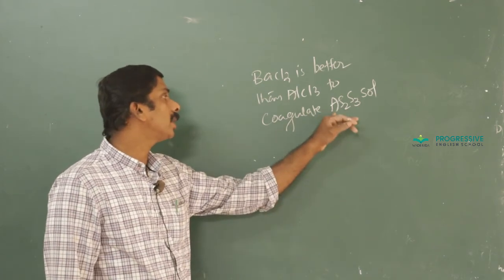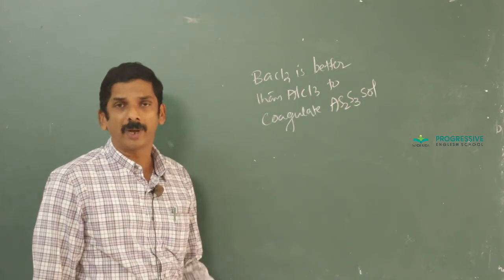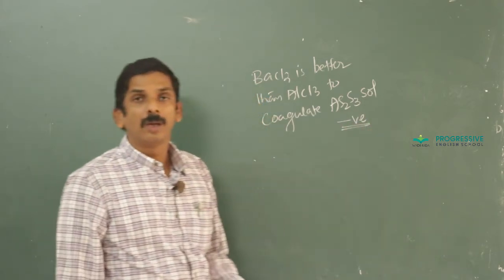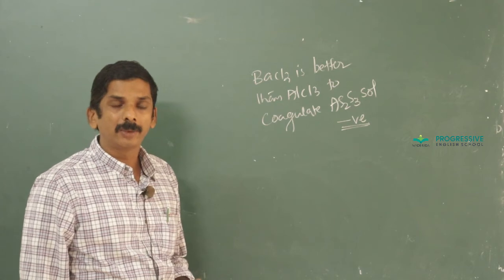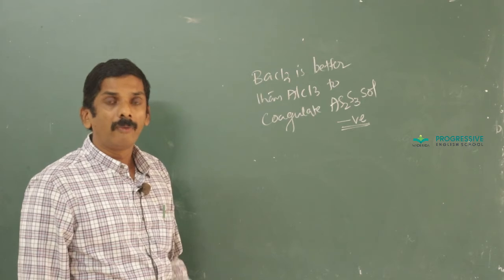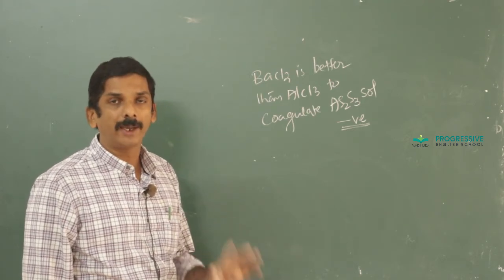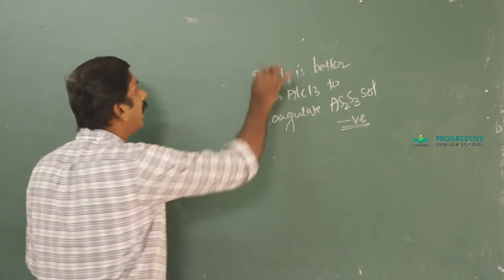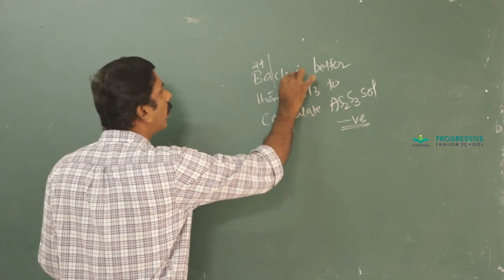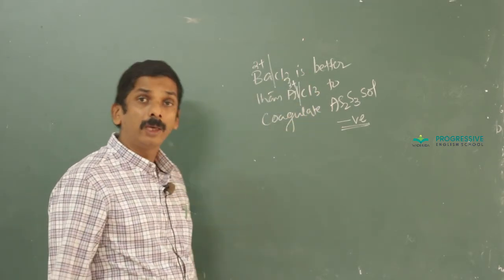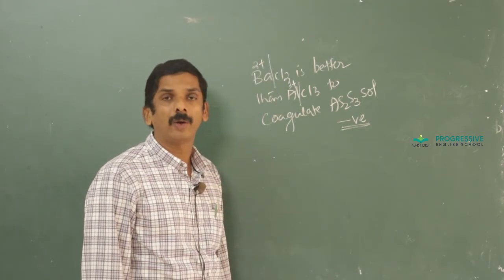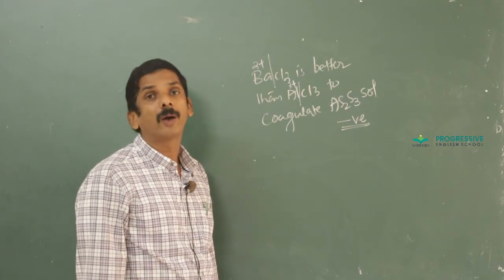As2S3, a metal sulfide, carries negative charge. In order to coagulate a negatively charged sol, we depend on the valency of the cation. Here, two cations: barium chloride provides Ba2+, aluminum chloride provides Al3+. According to the Hardy-Schulz rule, greater the valency of the coagulating ion, greater is its coagulating power.